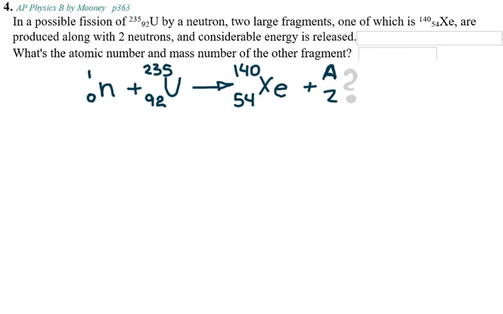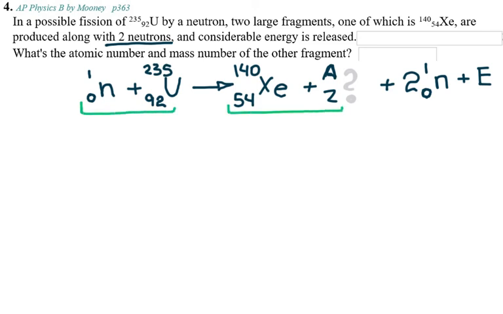And then you also have, they say, 2 neutrons in this reaction. So you would have 2 neutrons, each with 1 nucleon and 0 protons, and the energy released, so plus some energy. So when we look at the equality of this equation, on both sides we need to have the same amount of protons.